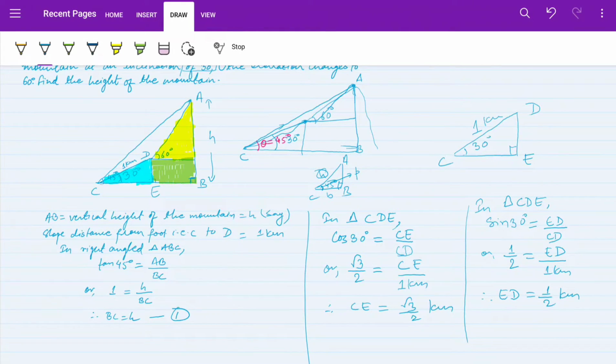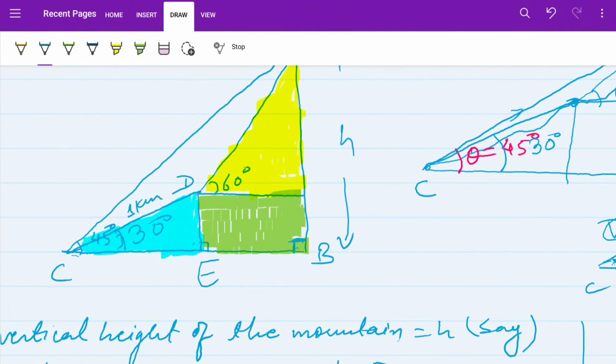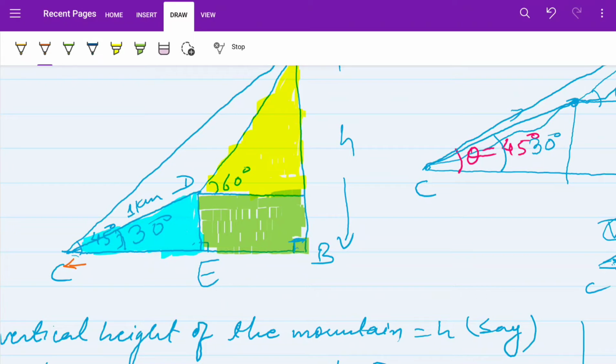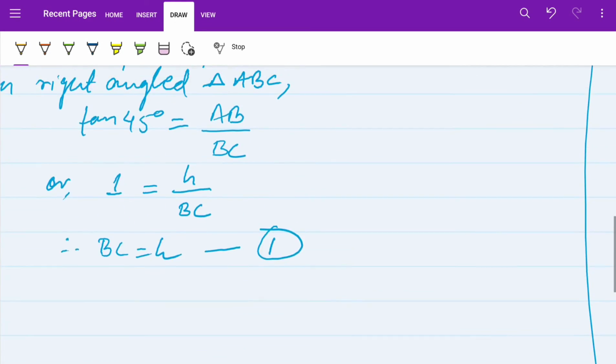So now we have to find the height. Now see here, an interesting thing is going to happen here. Now in this triangle, so see here, this distance we calculated this to be, where is it?